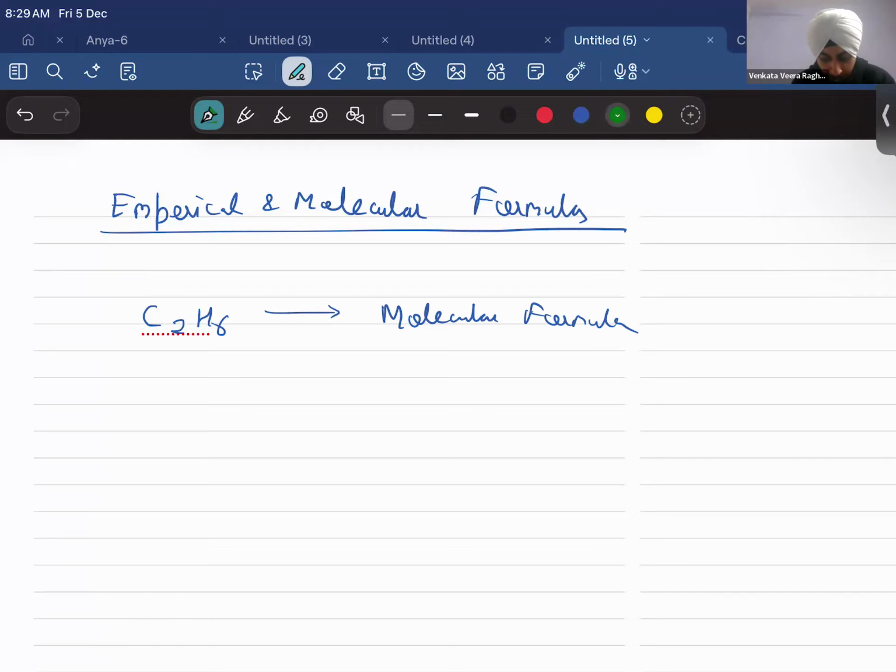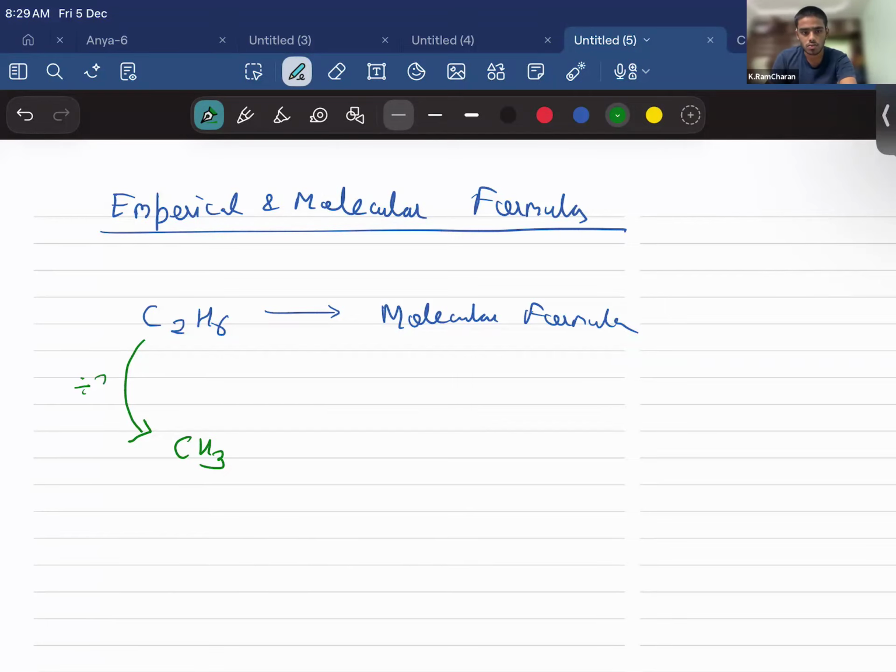Then, can you make it even simpler? Can you have a simplest ratio of this? If yes, then what will be the new formula which you'll be getting after taking the simplest ratio here? CH3. What have you done to make the simplest ratio? Divided by 2.